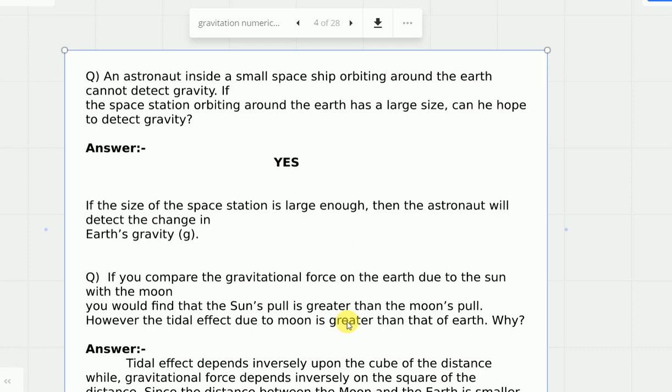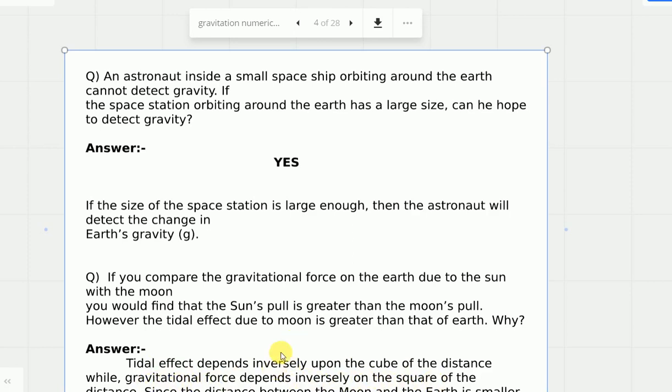The reason behind this is that the tidal effect depends inversely upon the cube of the distance, while gravitational force depends inversely on the square of the distance.